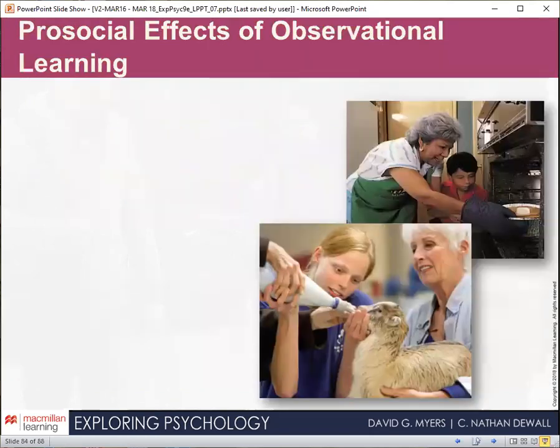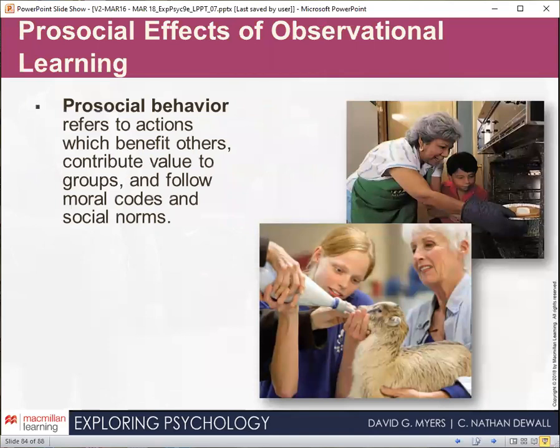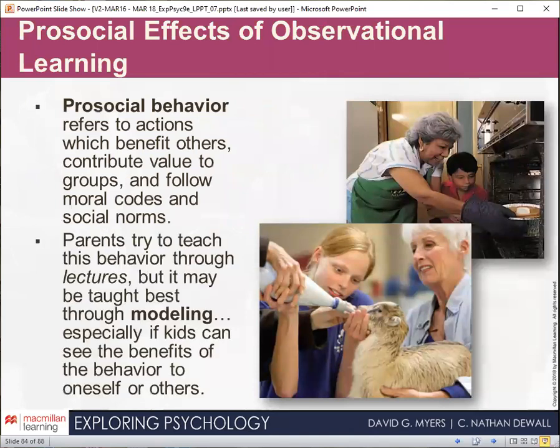All right, now let's look at some of the pro-social effects of observational learning. I'm going to go through these last few slides quickly. Pro-social behavior refers to actions which benefit others, contribute to the value of groups, and follow moral codes and social norms. Parents try to teach this behavior through lectures, but it may be taught best through modeling.